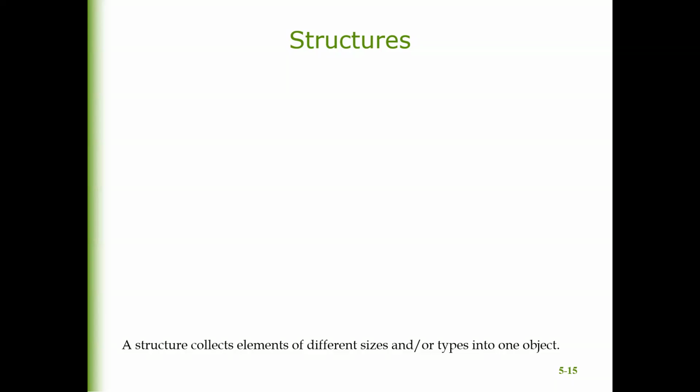Let's look at one example. This is a very classic example. Assume we have a field and we have a player. We define some structures for this. Let's say struct.